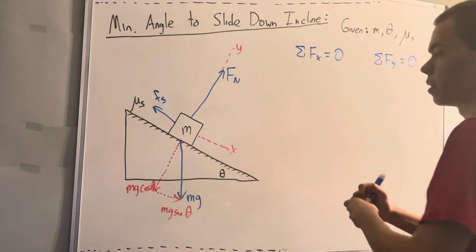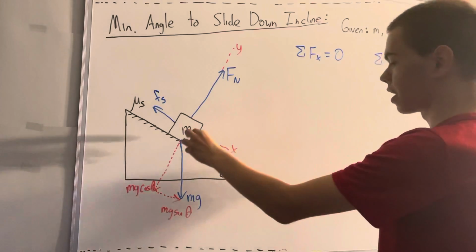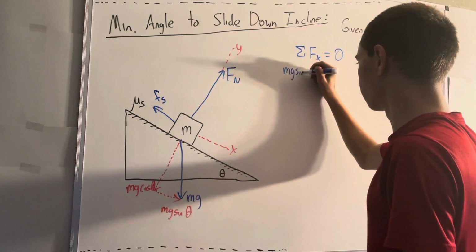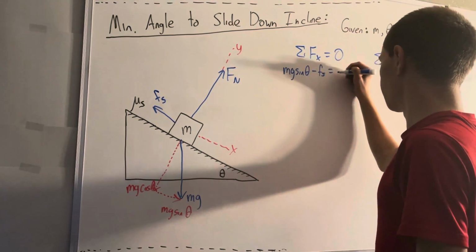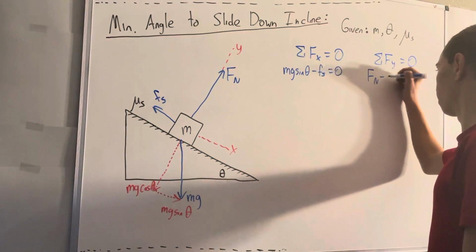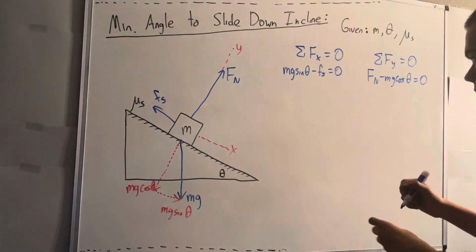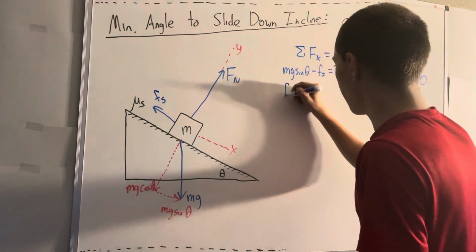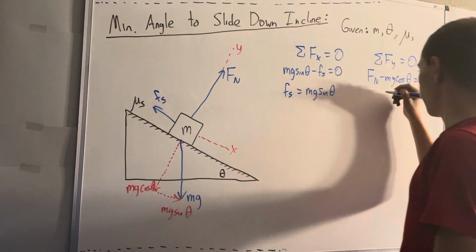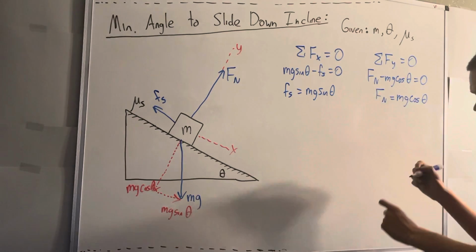In the x direction, it's just going to be mg sine theta minus fs equals 0. In the y direction, we have fn minus mg cosine theta equals 0. So basically, if these are true, then fs is equal to mg sine theta and fn equals mg cosine theta.